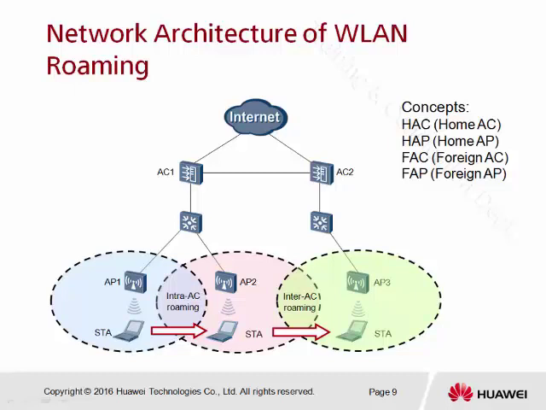When the roaming happens within the same AC, we call it intra-AC roaming. As you can see from the picture, AP1 and AP2 are managed by AC1. When two different APs are managed by the same AC, we call this intra-AC roaming.